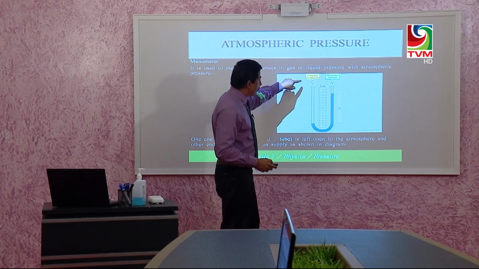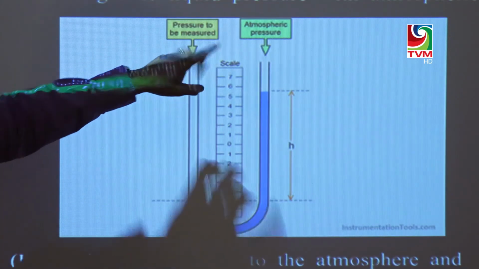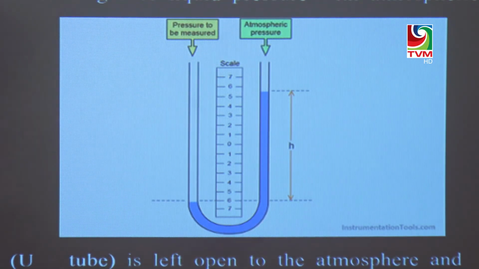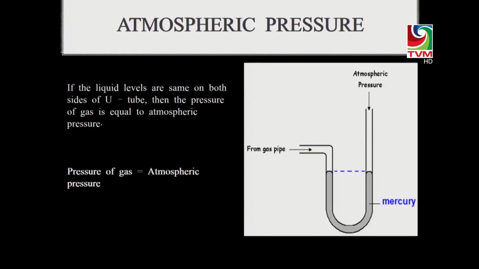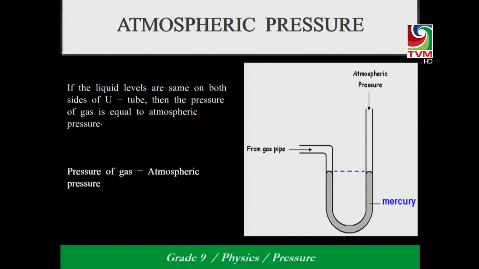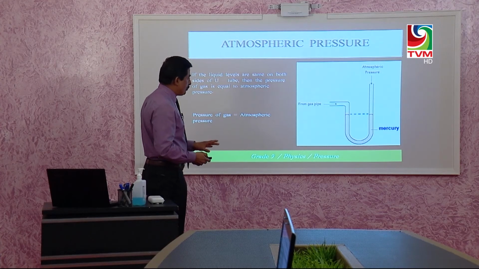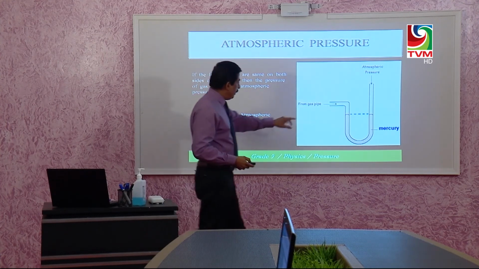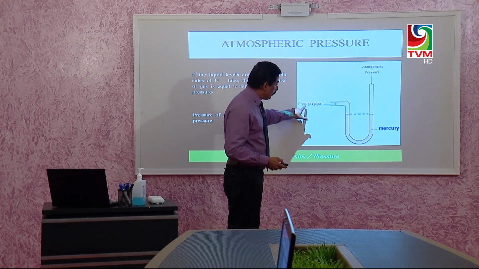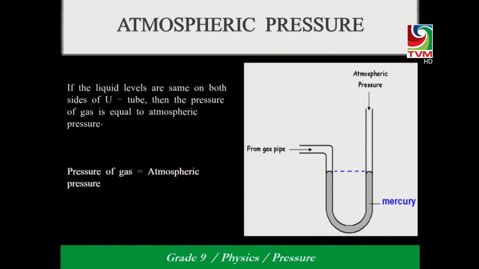One side of the tube is connected to the gas supply, and the other side is open to the atmosphere. Here this end is connected to the gas supply and this end is open to atmosphere.